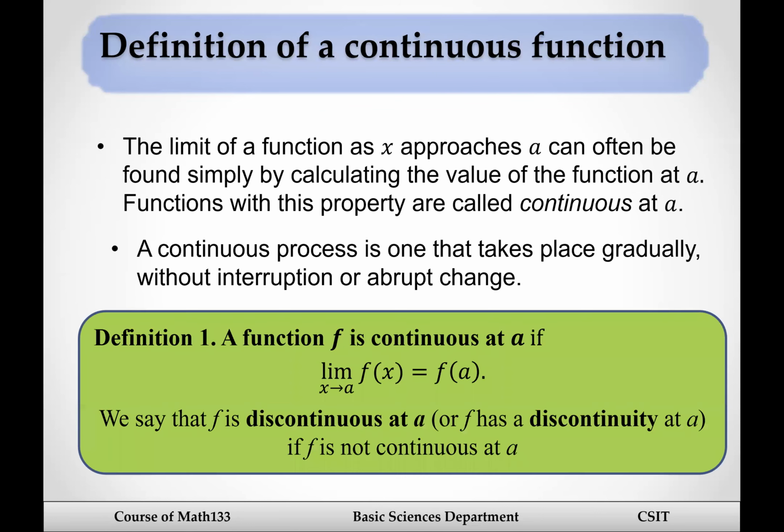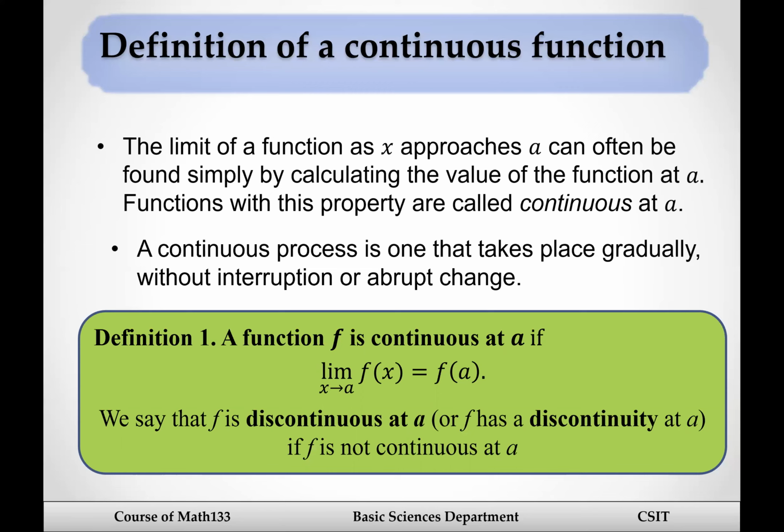Okay, and we will see exactly the definition, which is given here as definition 1. A function f is continuous at A if the limit of f of x is equal to f of A. And here comes the difference compared to the limit, because for the limit we need to compute right and left, and if they meet, then the limit exists.